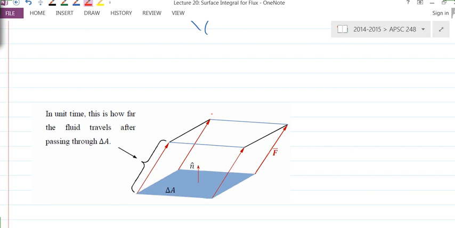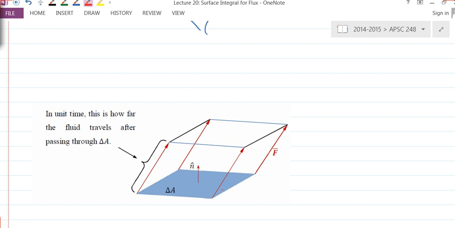Then within a unit time, there's a blob of fluid passing through that surface. Can you imagine that? In unit time, a bubble of things going through it. Here we're using a so-called parallelepiped to represent the blob of fluid passing through this area, using this volume.